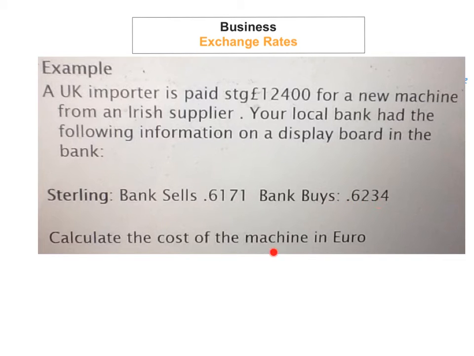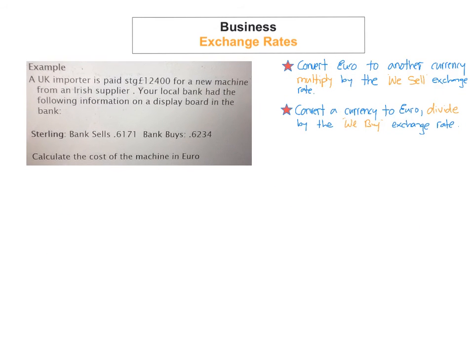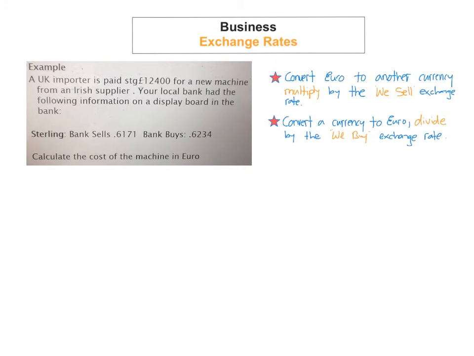Calculate the cost of the machine in euro. So, I'm going to put this beside our key information. We want to work out how much it's going to cost us in euro. So we have to convert a currency, which is the sterling, to euro. It says divide by the we buy exchange rate. So we'll do that then.